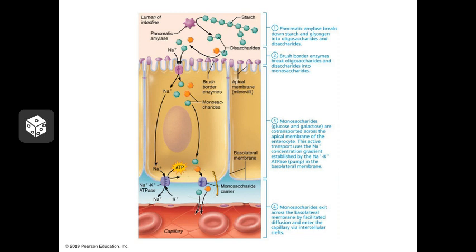It takes those products into the intracellular fluid, and from there, through bulk flow, those molecules can move into the capillary. Remember, we talked about bulk flow when we talked about how at the capillary level, net filtration happens, or net reabsorption.